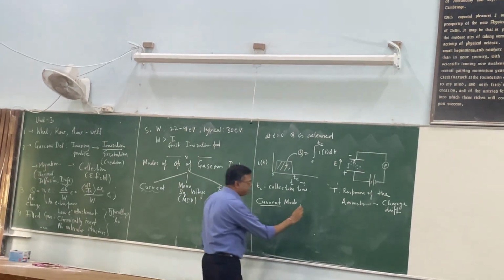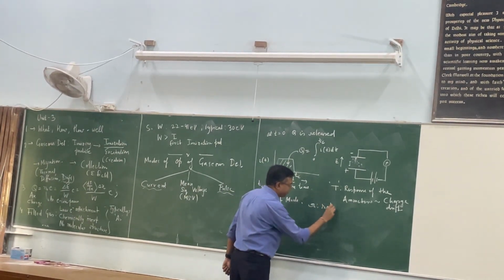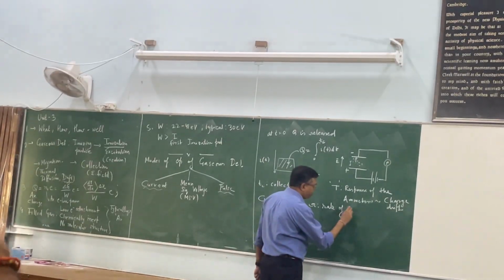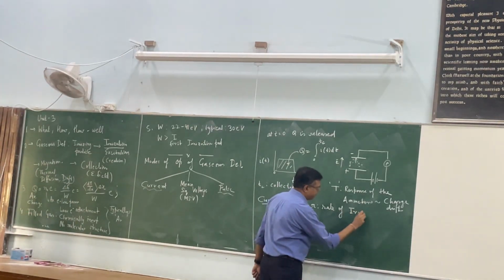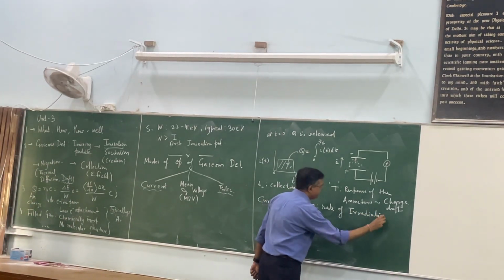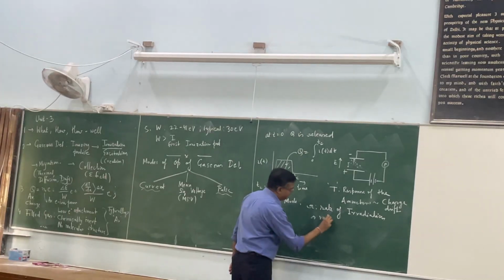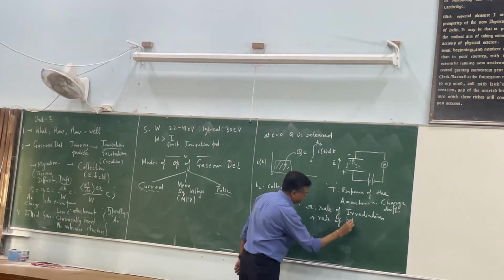And let's say R is the rate of irradiation or rate of interaction.